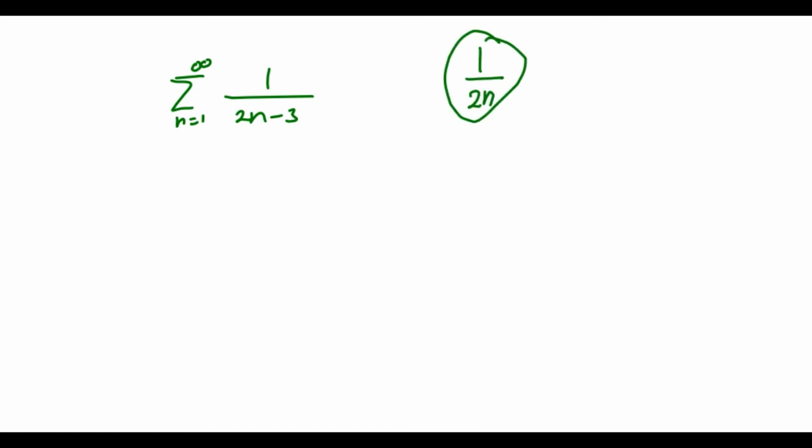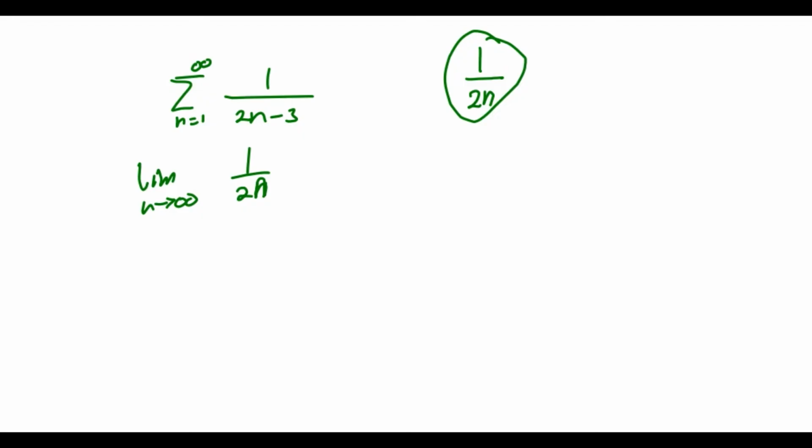This is the most significant part. Now it's just a matter of evaluating the limit as n approaches infinity of 1 divided by 2n. If you look at what you have, this is 2n, not 2 to the power n.